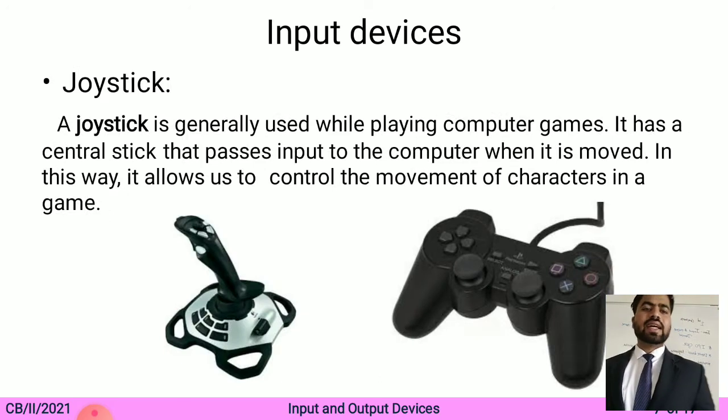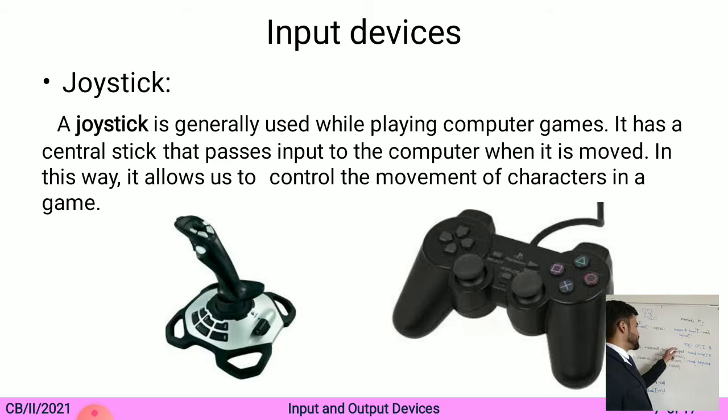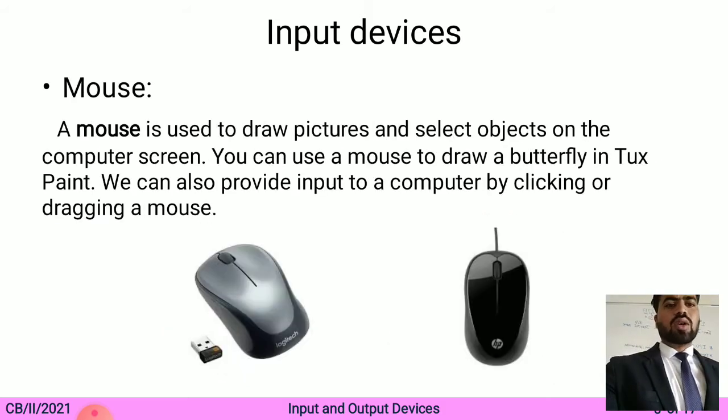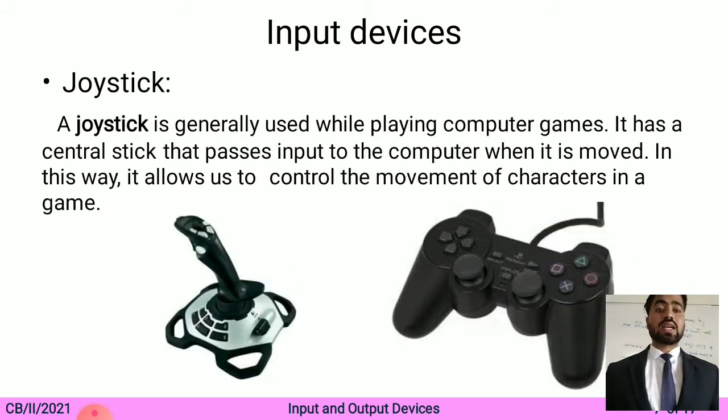Now the next point is the joystick. Let us go through the joystick. What is the exact use of a joystick? A joystick is generally used while we are playing games on a computer.